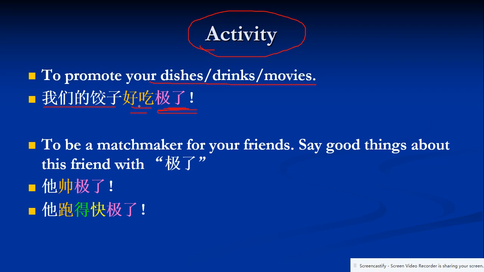The second activity I want you to prepare for is to imagine you are a matchmaker for your friends, and you will say very nice things about them. You're going to use extremely something. Like, 他帅极了.